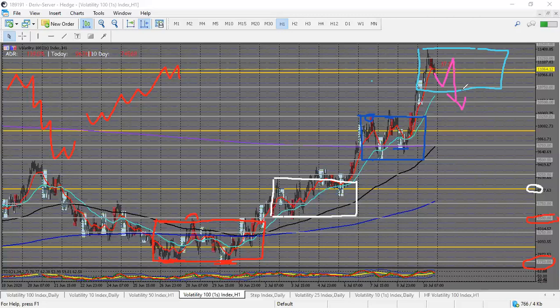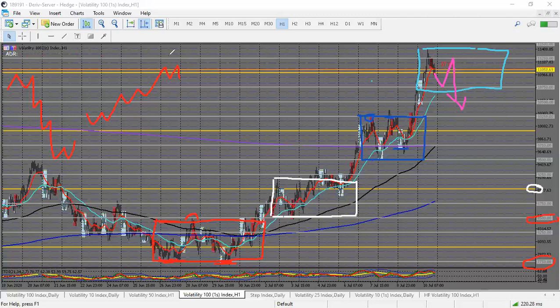Now the quarters point will help you to know the most possible area where you are expecting price to turn. For example, you will expect your M15 market maker pushes to be done correctly and everything else.